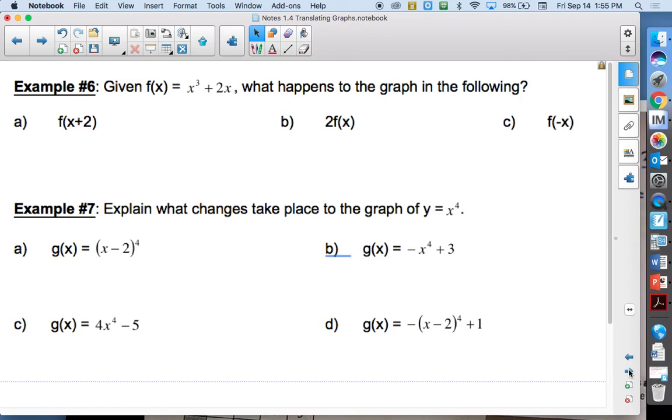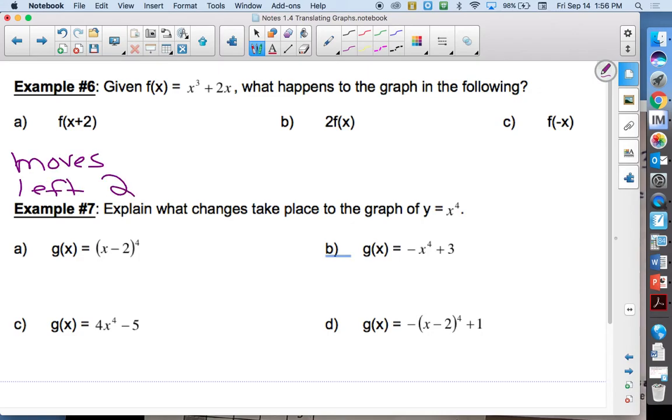That part doesn't matter though. What would happen to any graph if it said f of x plus 2? Chelsea? It moves left. Yeah, it moves left 2. And that's why we're starting to use that function notation, to get you to realize that it doesn't matter what the function is. As long as the x plus 2 is grouped together, it's moving it left or right.